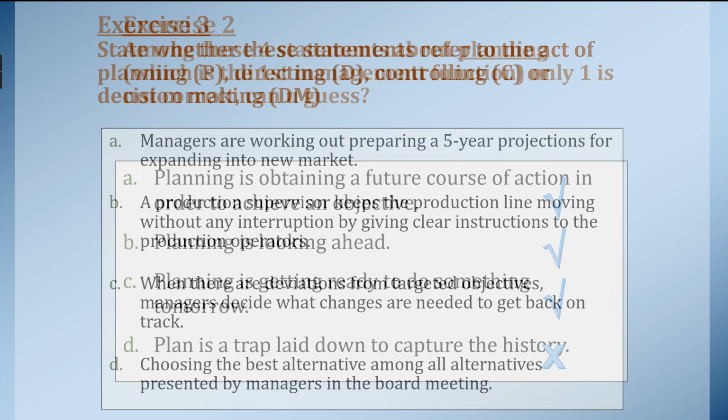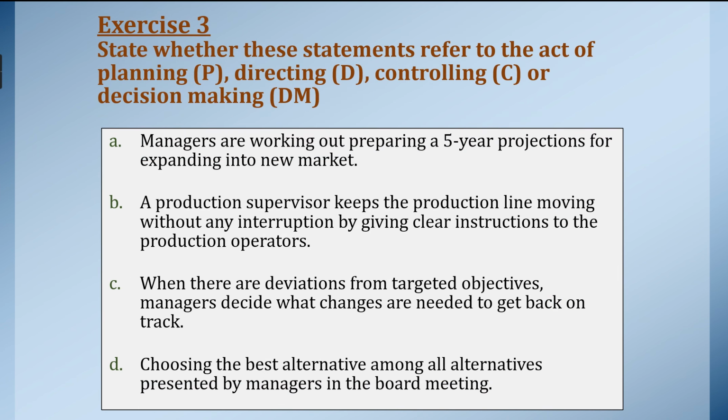Alright, okay. So we look at exercise 3. We're going to state whether these statements refers to the act of planning, directing, controlling, or decision making. Okay, this is something that you really need to comprehend. Okay, so apa yang berlaku dalam A, B, C, D, which is which? Okay, so we look at A. Managers are working out, preparing a 5-year projections for expanding into the new market.